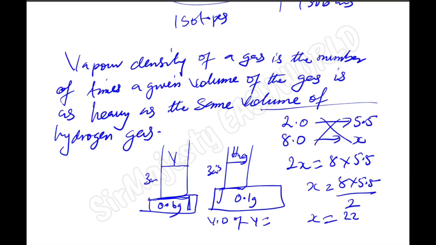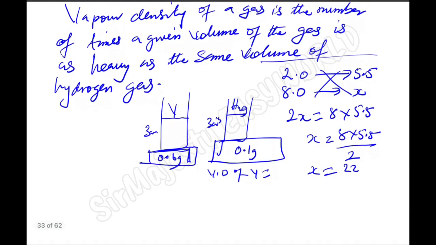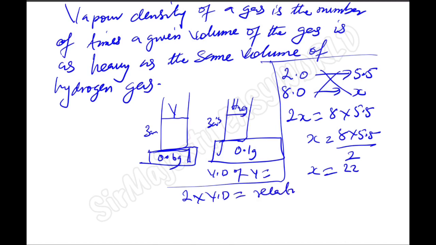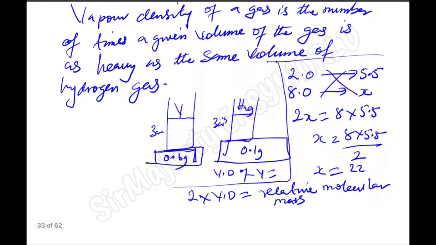Now, the question says, what is the molar mass? We now go back to relate that 2 times vapor density is equal to relative molecular mass. So the relative molecular mass of a gas is equal to 2 times vapor density, and they are asking us for the molar mass, which you can replace as the relative molecular mass.